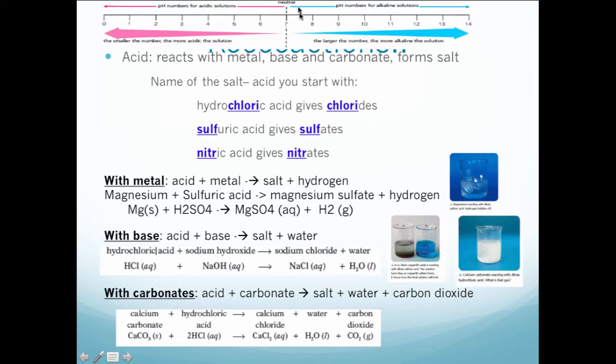So if you take a look at the pH scale, if you have exactly the same acid and base, they react evenly and nothing is left, then your solution in the end should be neutral as well. The same thing happens with metals and carbonates. If you use up all your reactant, then your end solution should be neutral, which is kind of cool.